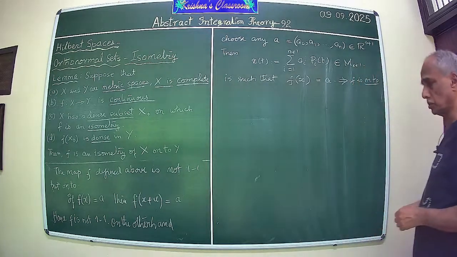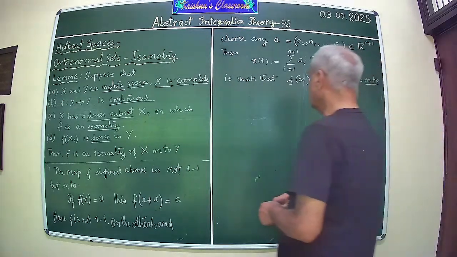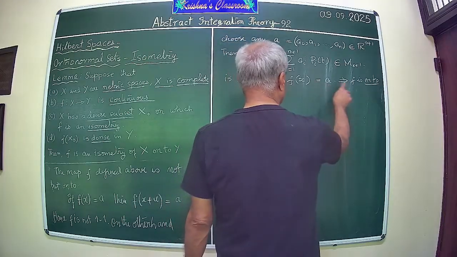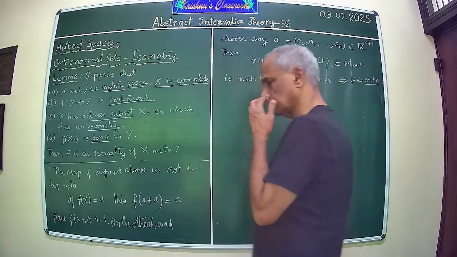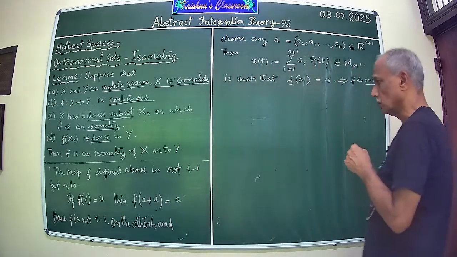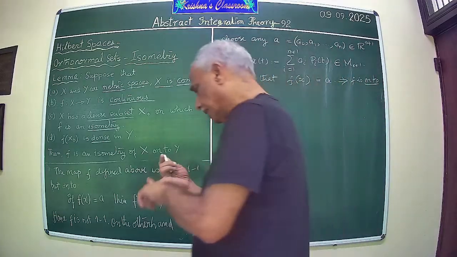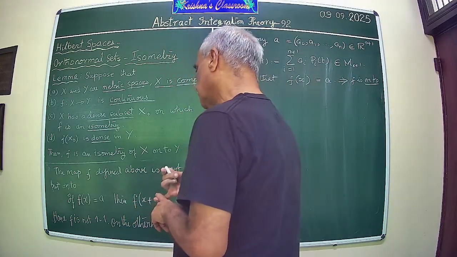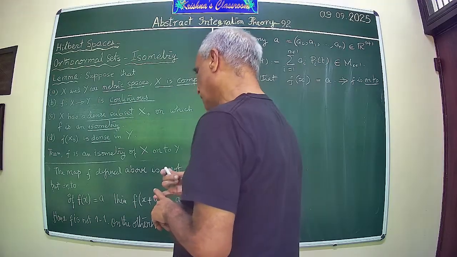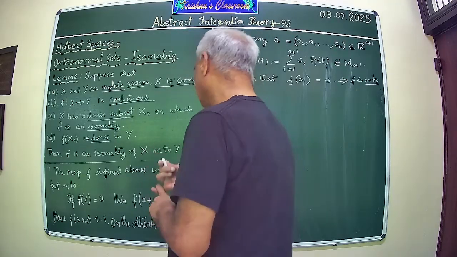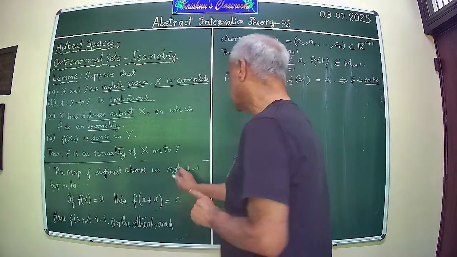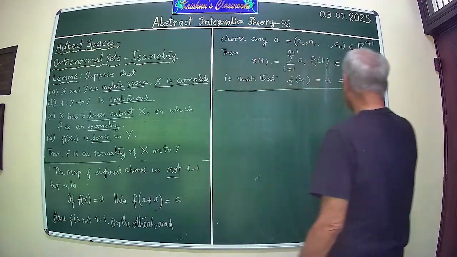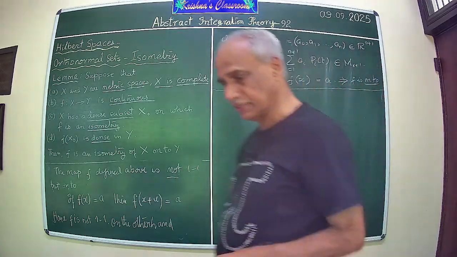Then this is on to. Then f of x is equal to a, which implies f is on. So the function f that we have defined may not be one-to-one, or in fact it is not one-to-one, but it is onto. So, let us save this result in our mind.